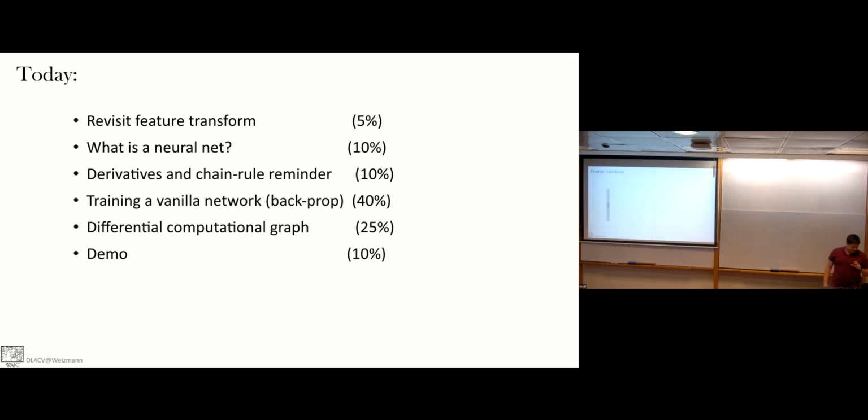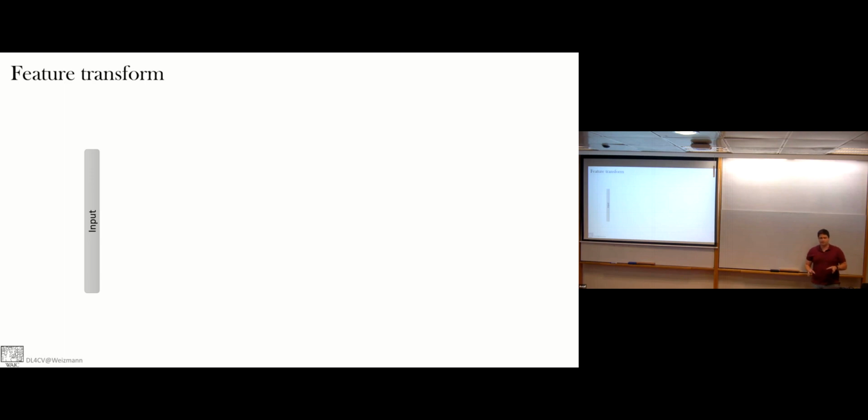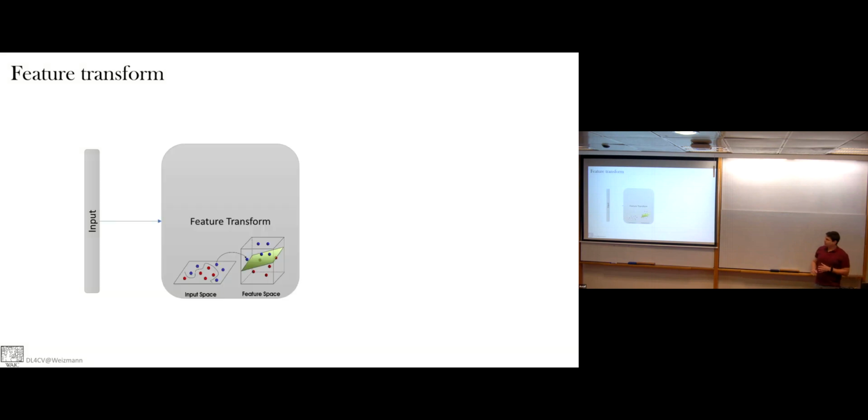And let's go back to where we left off. If you remember what we discussed last time, we had some overfitting and underfitting discussion, but right before that, we talked about this thing called feature transform. The idea was that if we have some input, we can apply some transformation, and this transformation can take us to have more dimensions than the original input actually had.